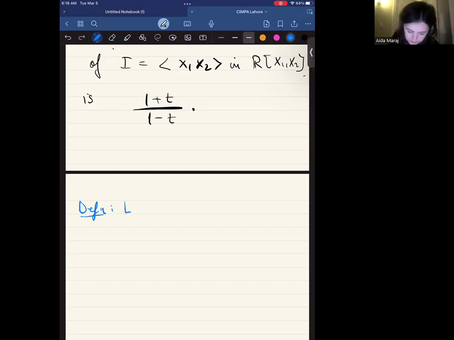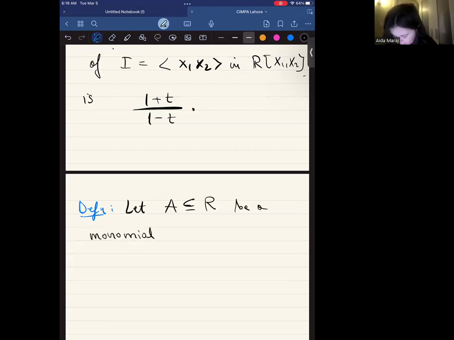Let A, in some polynomial ring R, be a monomial algebra.